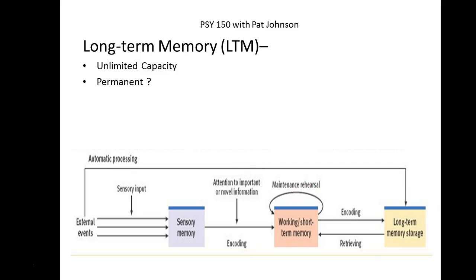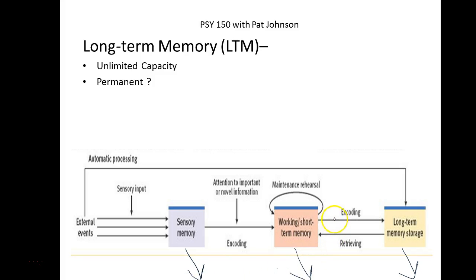There is a question about whether or not long-term memory is permanent, and there are arguments here by cognitive psychologists. Some cognitive psychologists say that yes, we can dump stuff from long-term memory, just like we can dump stuff from sensory memory.